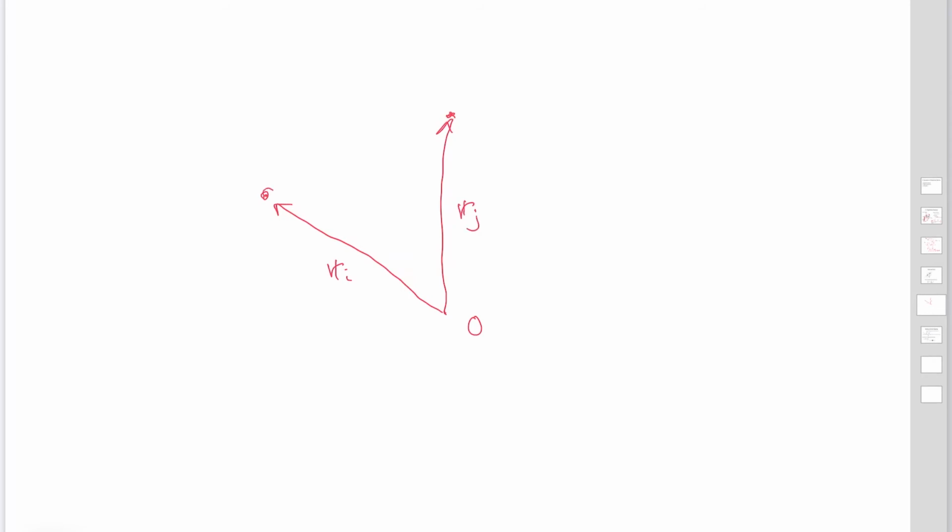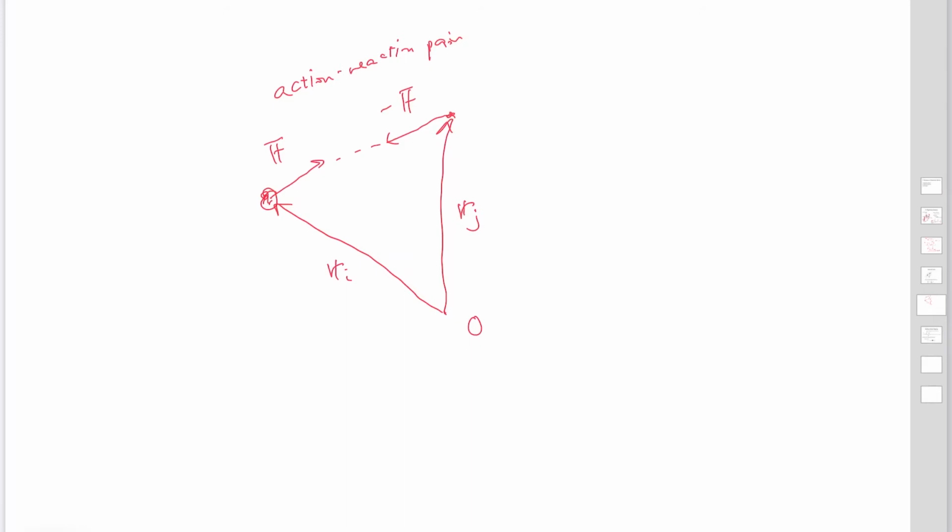And the internal force means the force acting on this particle is F, and the force acting on the other is minus F. This is the action and reaction pair. So the magnitude of the force is exactly the same and the direction is opposite.